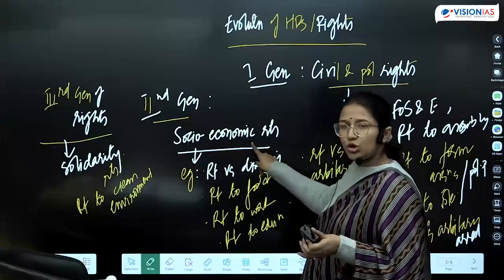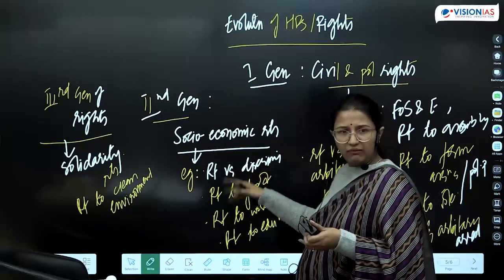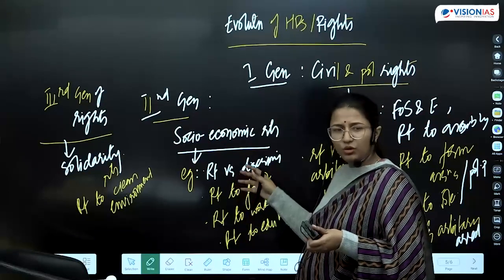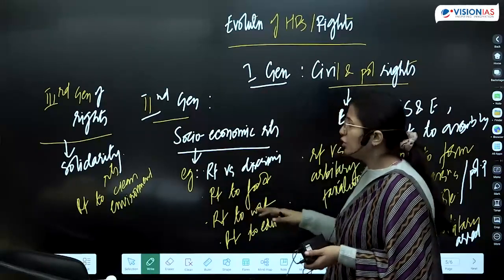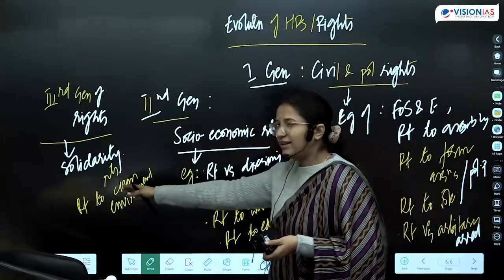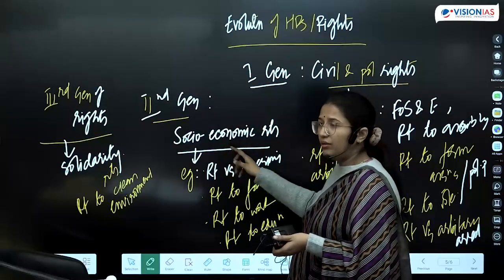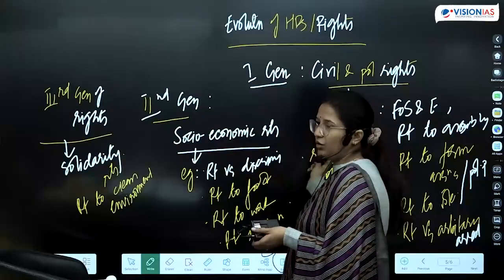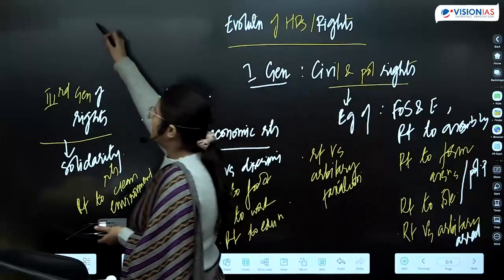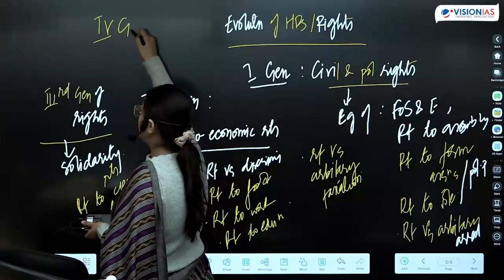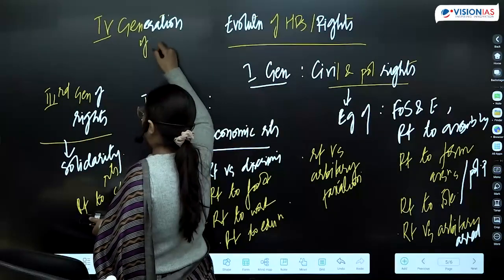So my socio-economic rights, you find that will be impacted. Yes. So these are solidarity rights which at times require or demand curtailment of first and second generation rights. And recently we have entered into fourth generation of rights.